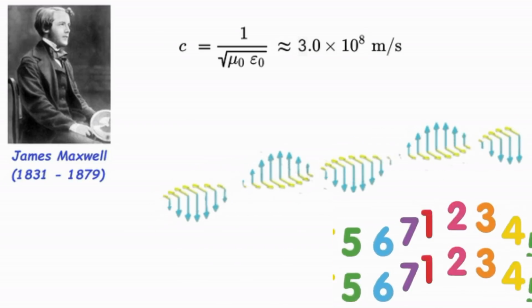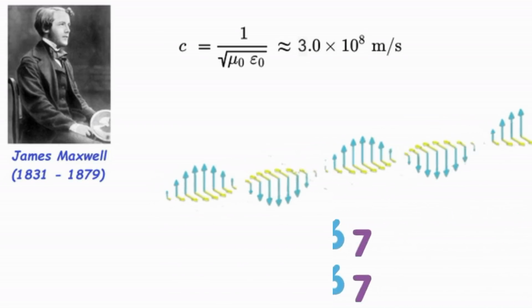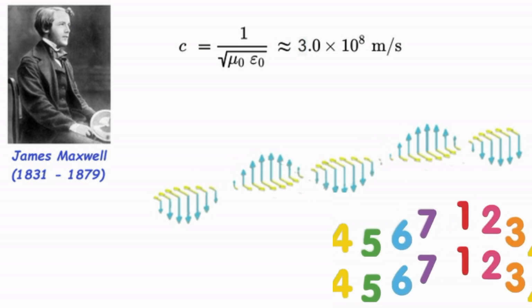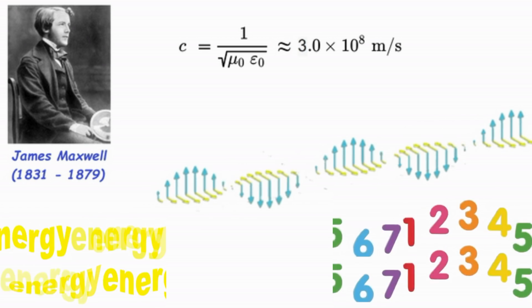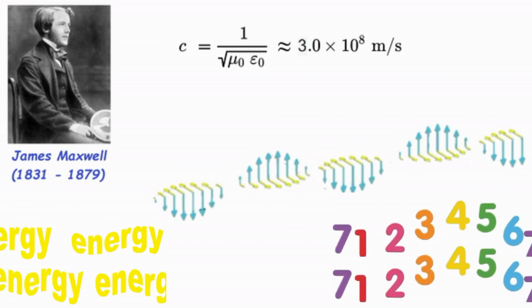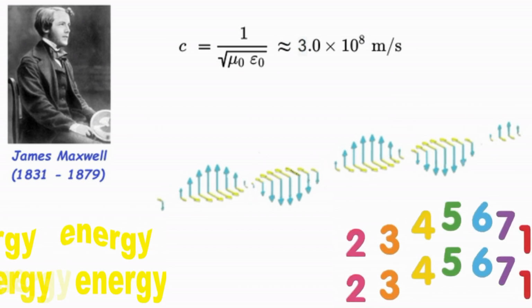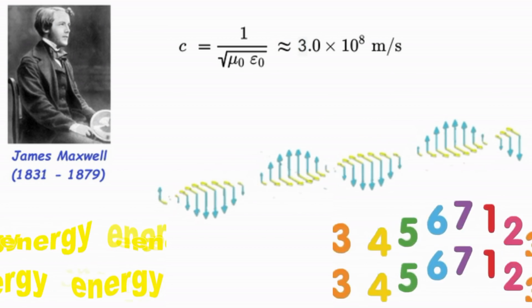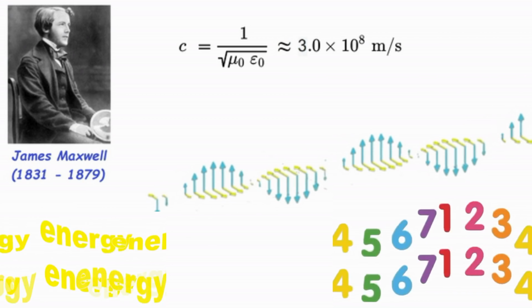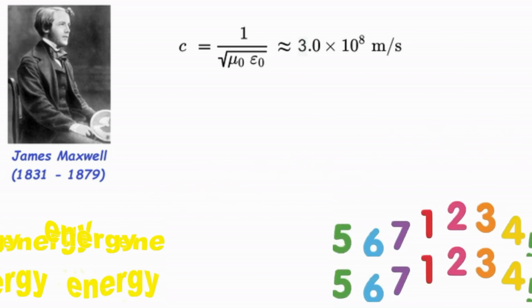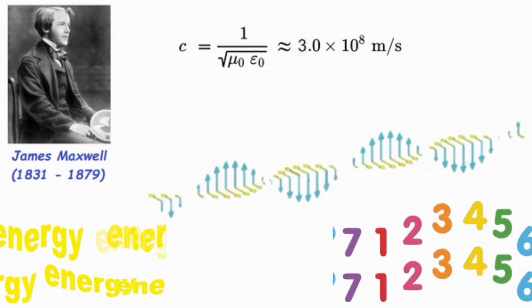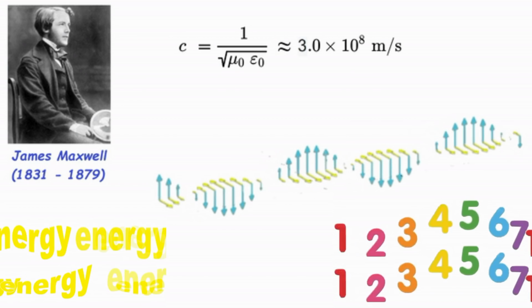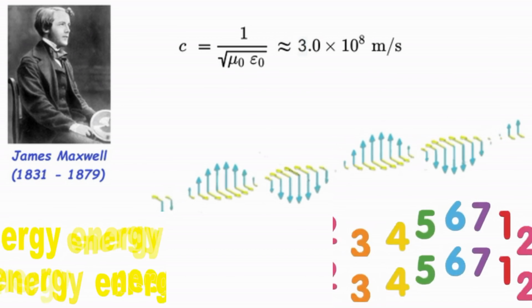I got a better one. Here we have a wave of energy. How's that? So we have waves of numbers, waves of energy, and waves of vectors. Is that what light is? Is that the mediator of light? Is that what Mother Nature uses to run her shop?